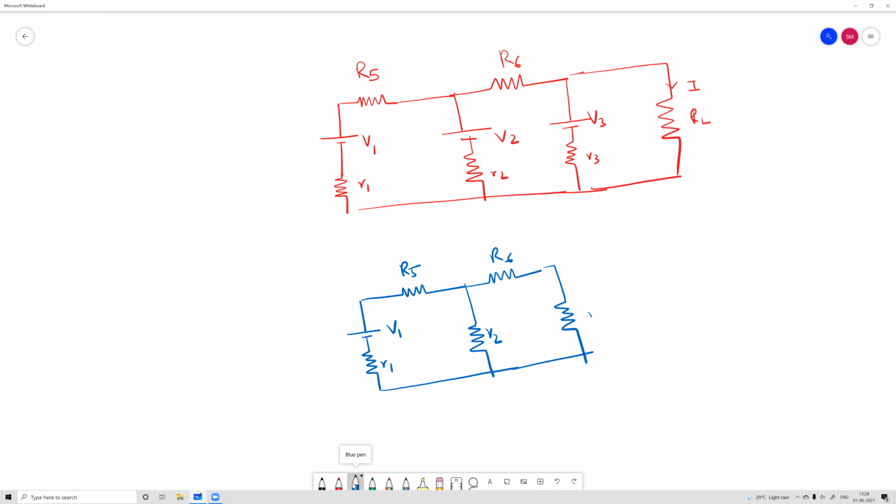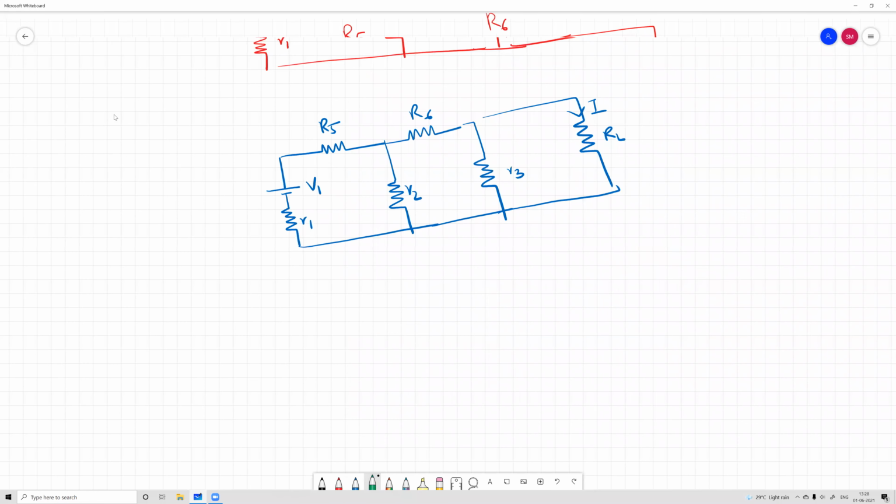Only V1 is present, no other source. Let us say the current be now I1. Second case, only V2 is present. Only V2 is present, no other source is present.